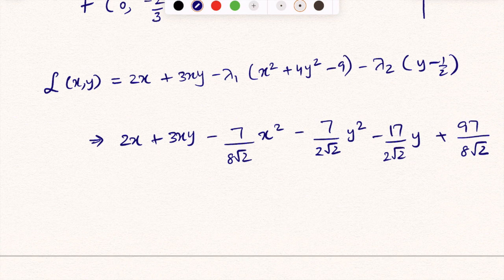Of course, this looks a bit scary, a lot of big numbers, lots of radicals, but all I've really done is substituted the value of lambda 1 and lambda 2 that we found earlier and simplified. So if you do that, you'll find that the Lagrangian can be expressed this way.